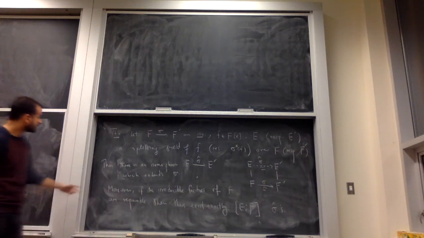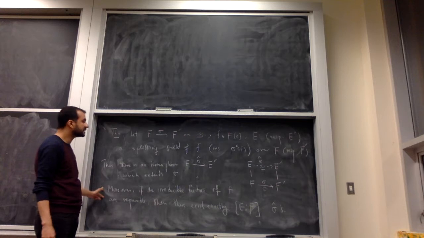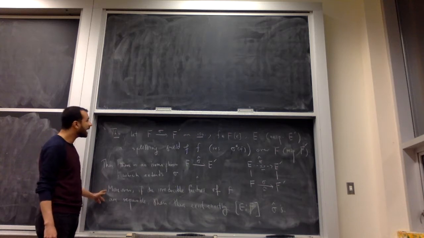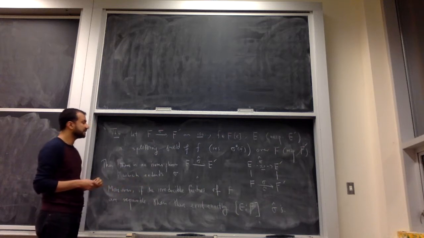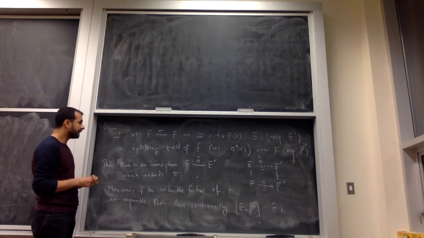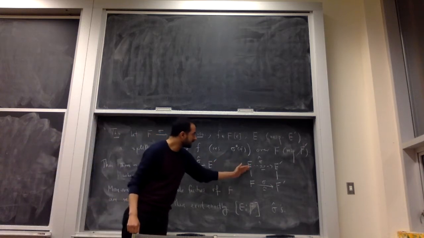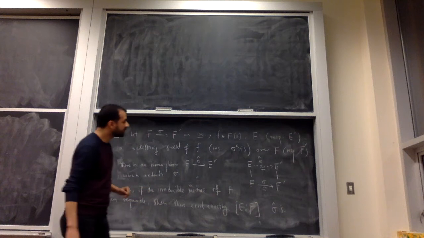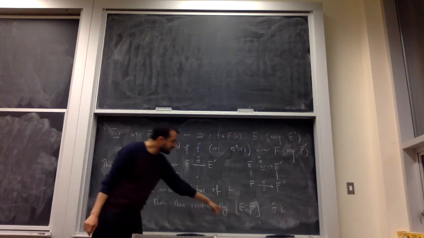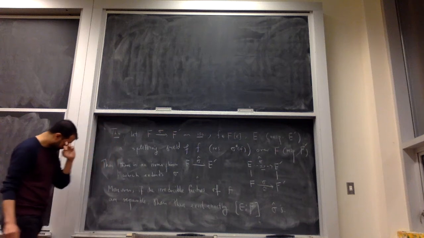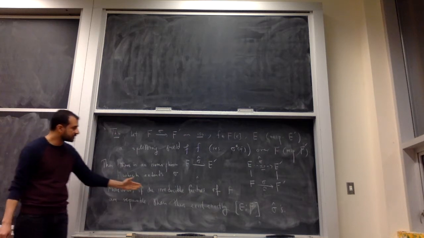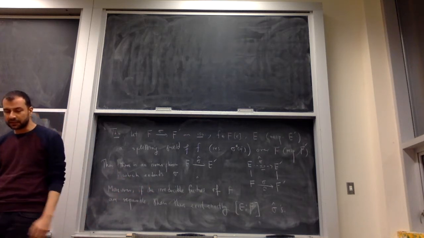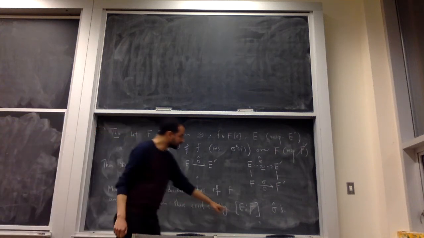After that, there was also an assertion about the number of such sigma hats, and we showed that if every irreducible factor of f is separable, then the number of sigma hats, so the number of extensions of sigma to an isomorphism from E to E prime, is exactly the degree of the extension E over F. We also proved that in general, if you don't assume that the irreducible factors of f are separable, then the number of sigma hats will be at most this many.